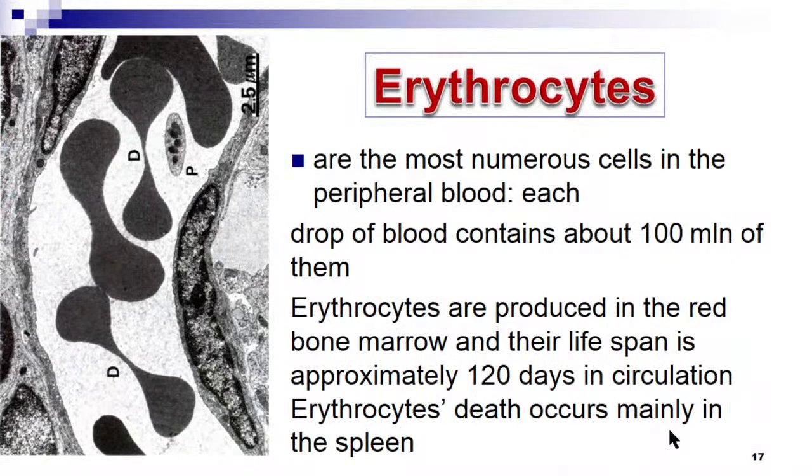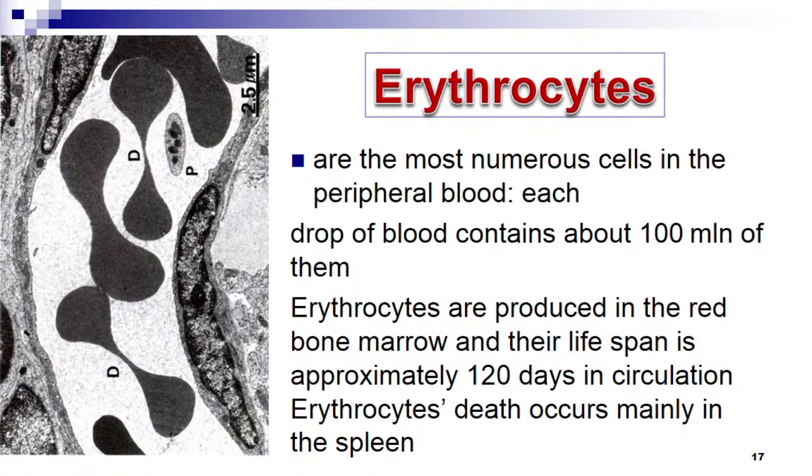Next, we're talking about erythrocytes. Erythrocytes are the most numerous cells in the peripheral blood. Each drop of blood contains about 100 million of them. Erythrocytes are produced in the red bone marrow and their lifespan is approximately 120 days.